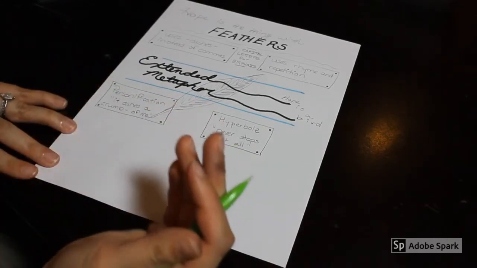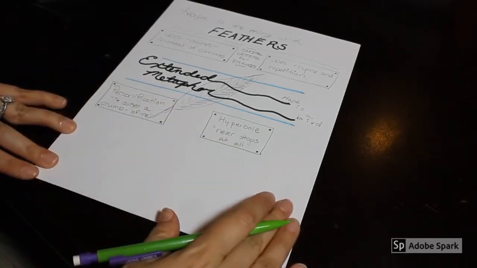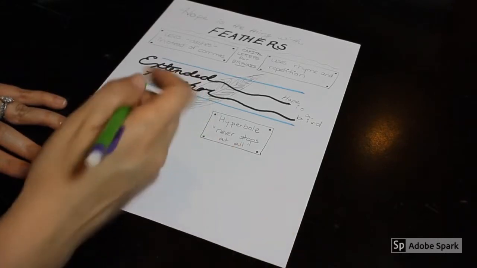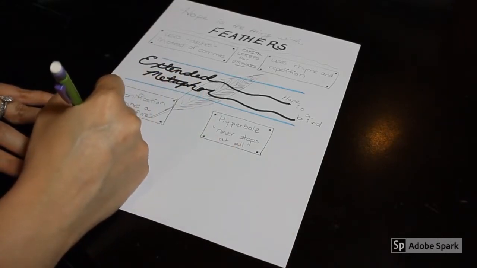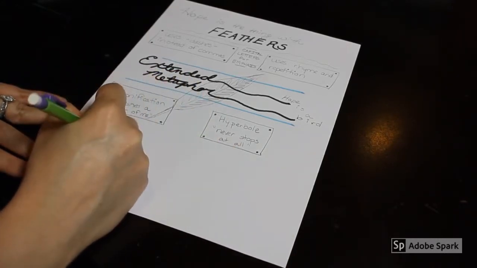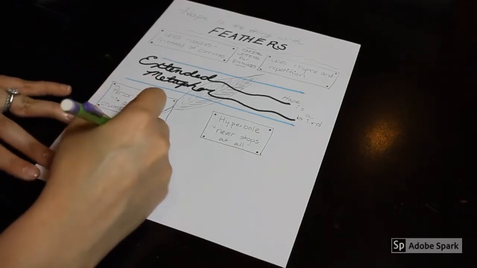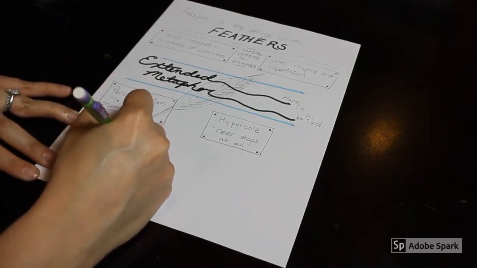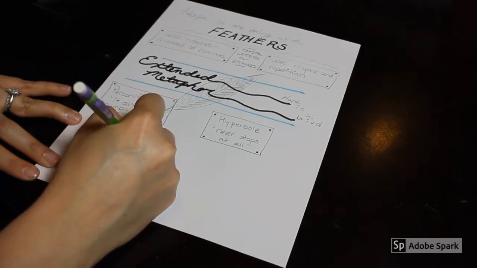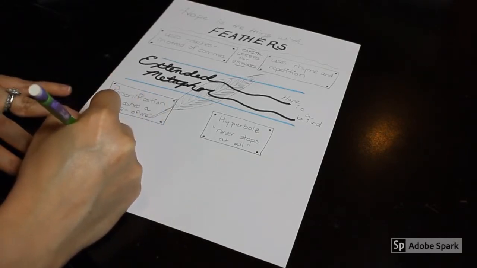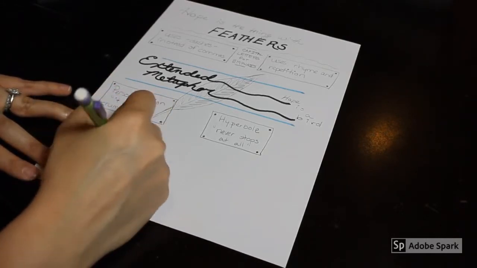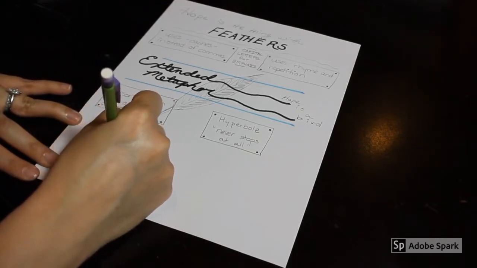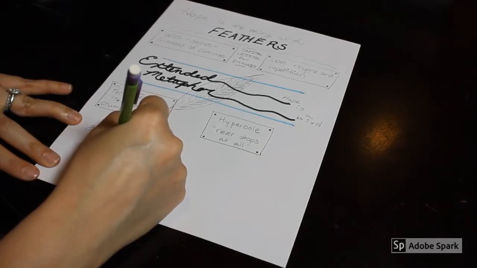I told you to leave a lot of white space, but I feel like this is too much white space. So what I'm going to do is I'm going to add in some things that just really stood out about the poem down here. She says that hope always sings. So we're going to add in some music notes.